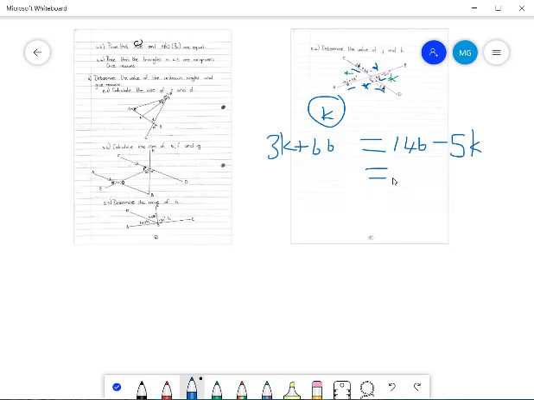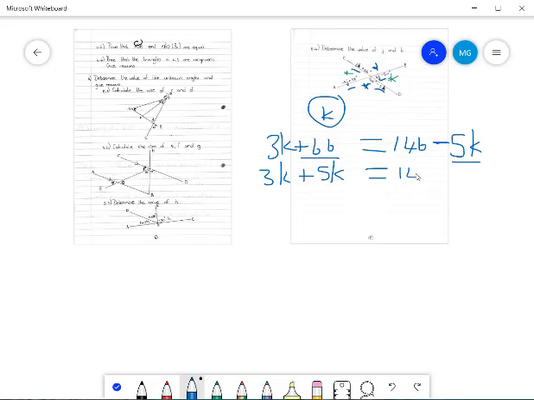We need to get k on the one side and alone. So for me to get k on the one side, I'm going to take over this 5k, and remember on this side it's a negative, on this side it becomes a positive, and I'm going to take 66 over, and you can do it in one step.